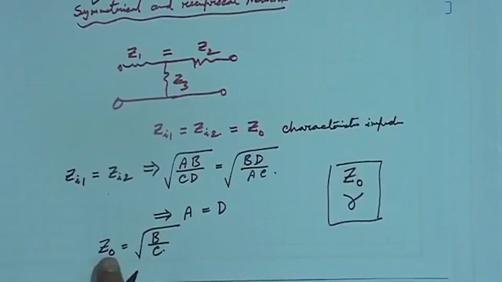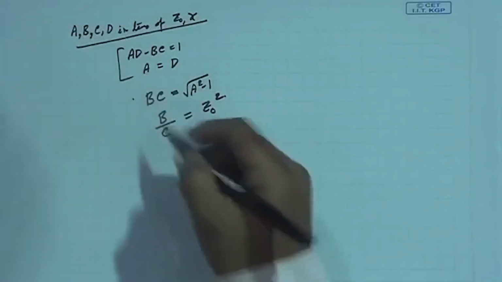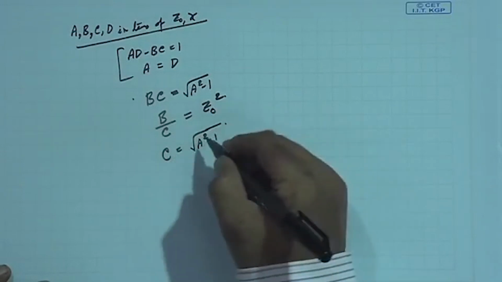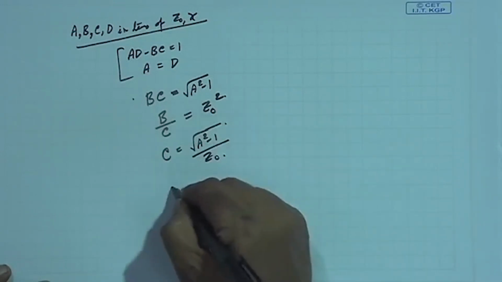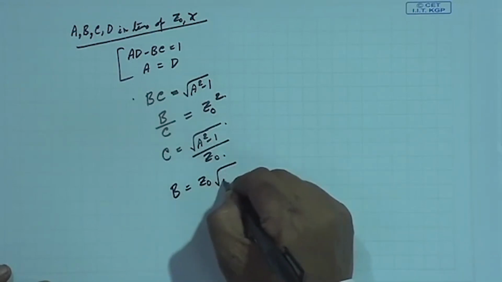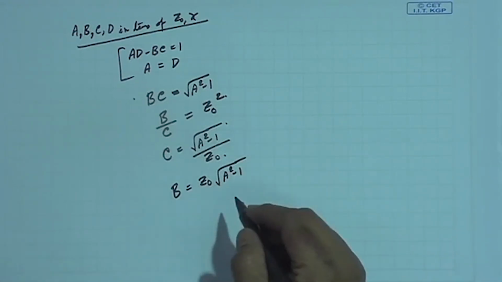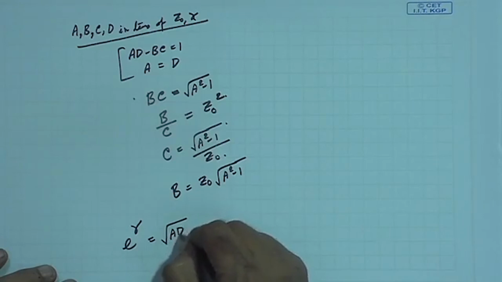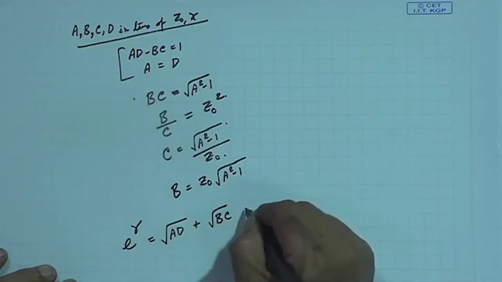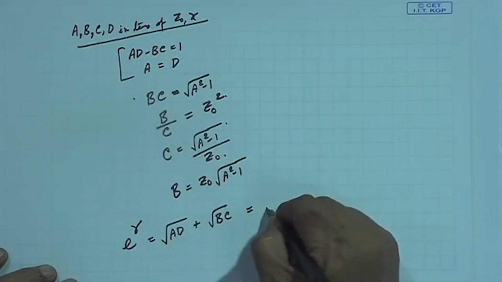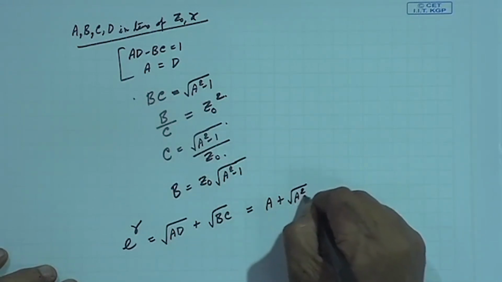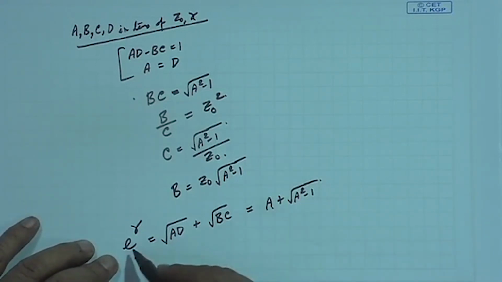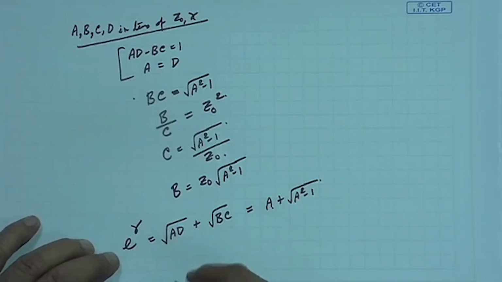You see this Z0 we have found as root over B by C. From this you can find the value of C is root over A squared minus 1, by Z0, and B is Z0 root over A squared minus 1. And what is e to the power gamma? Earlier we have seen it is A D plus BC, which in terms of this I can write as A plus root over A squared minus 1. So, this equation I can solve. So, A will be expressed in terms of e to the power gamma or gamma.